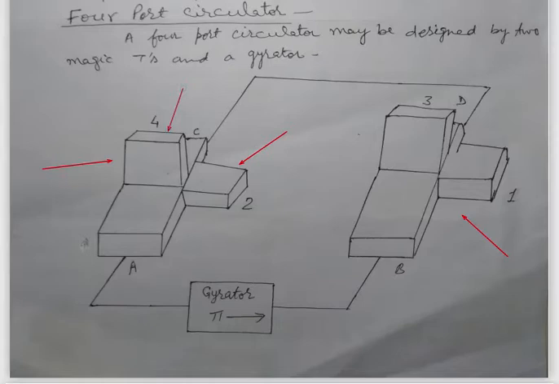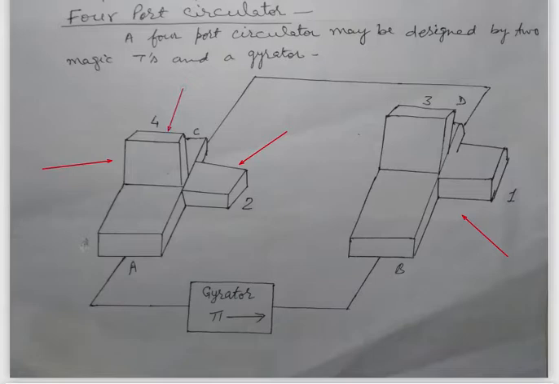Similarly, now if any wave is entering in port 2, which is again the H plane T, this wave will be split into two equal waves. They will emerge from A and C, and these two waves are in the same phase.